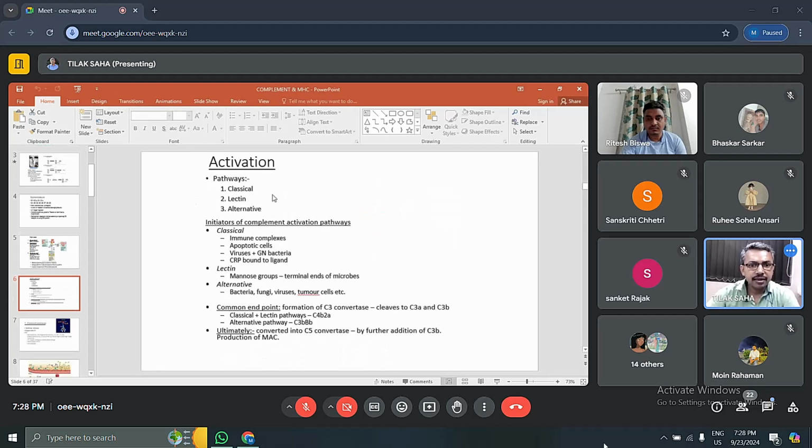Complement can get activated in three different ways: one is the classical pathway, another is the lectin pathway, and another is the alternative pathway. As I stated, complement bridges the gap between the innate and adaptive immunity, right? Innate immunity means our body's immune system has pre-formed antigen recognizing molecules. It acts against the antigens; it is already there and doesn't need to get activated.